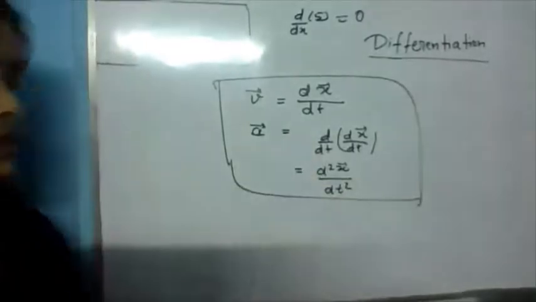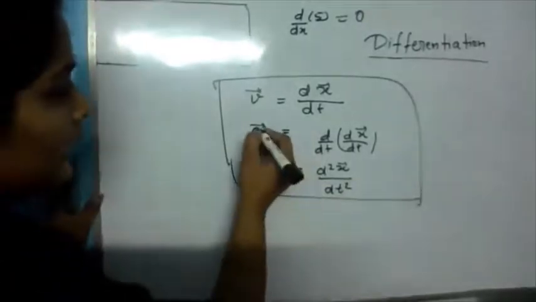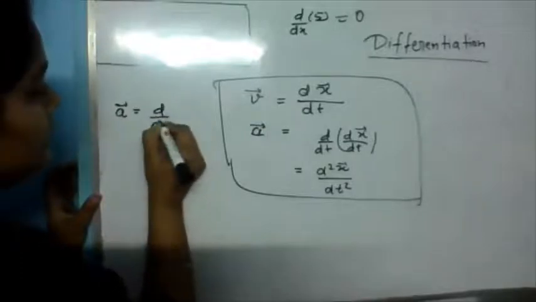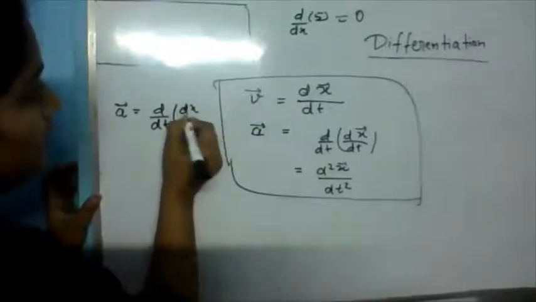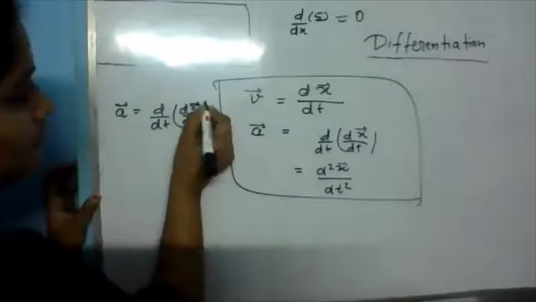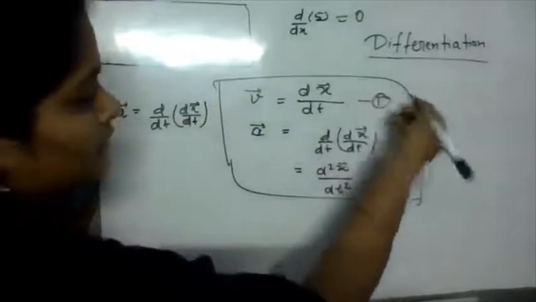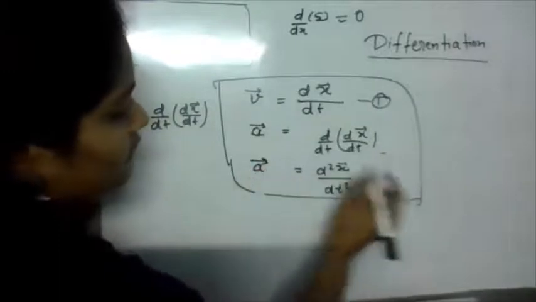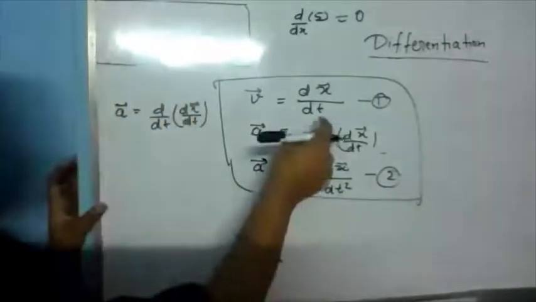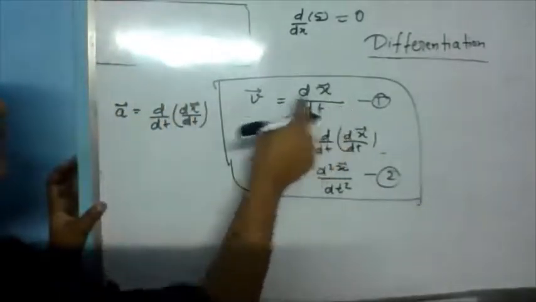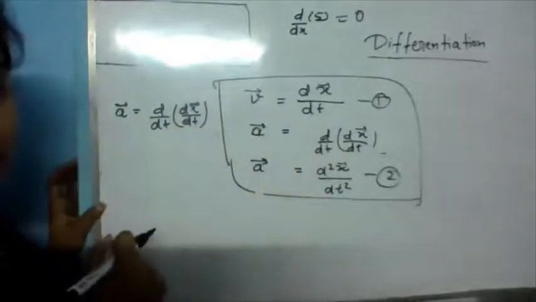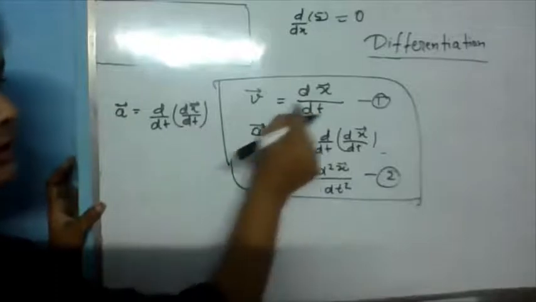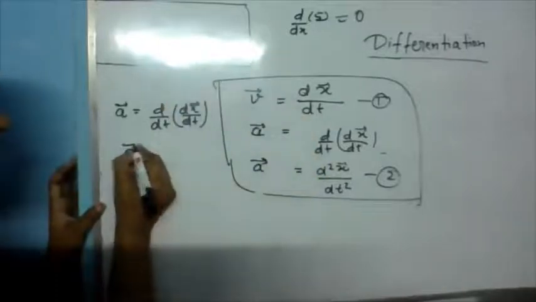Okay, now see here, we can write like this also. Acceleration is d upon dt, dx upon dt, right? This is your first, take it as a first equation and take it as a second equation. Now, you can put the value of dx upon dt from first equation. Here, I am putting the value of dx upon dt from the first equation.